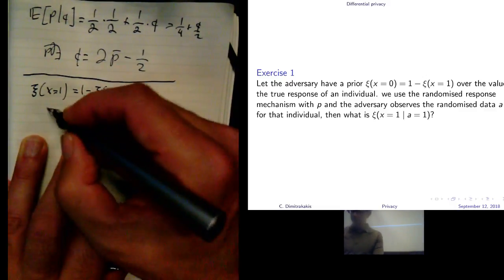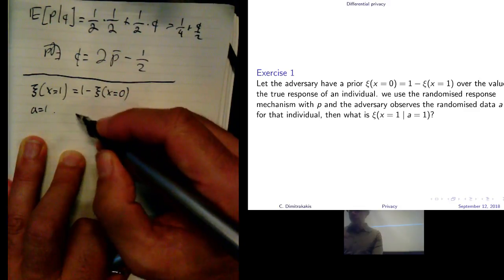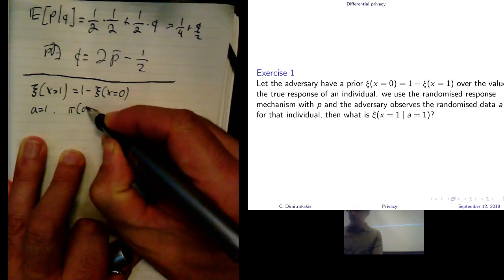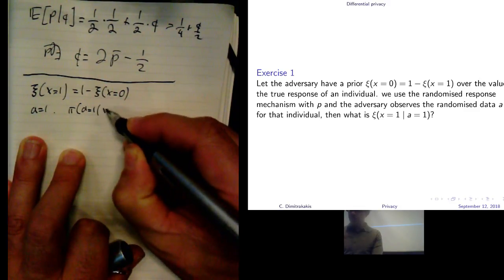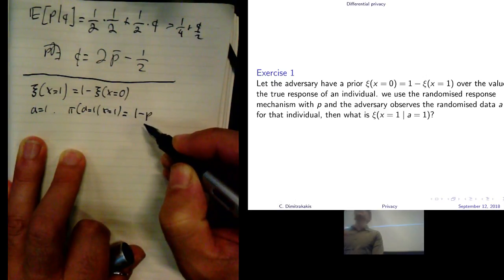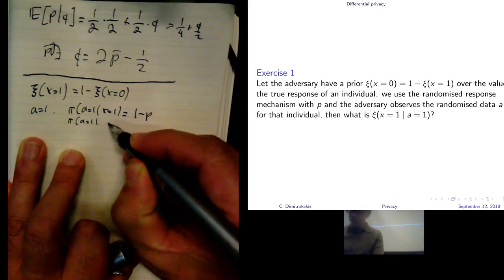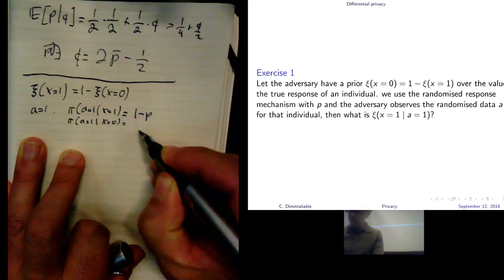Now he sees that a equal 1, and he knows that because of our policy, the probability that a equal 1 given x equal 1 has to be equal to 1 minus p, right? And the probability that a equal 1 given x equal 0 has to be equal to p.